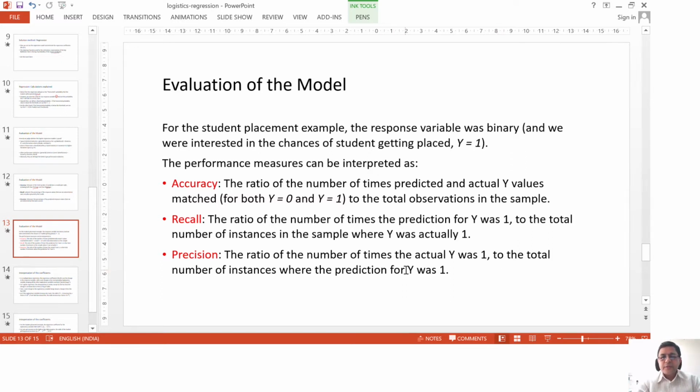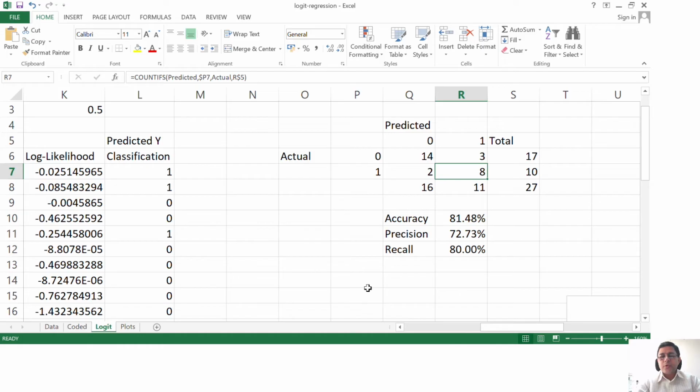The total number of instances where the prediction was 1. 11 times the prediction was 1. Out of these 11 times, 8 times the actual value of y was 1. So 8 divided by 11 is my precision of the model.